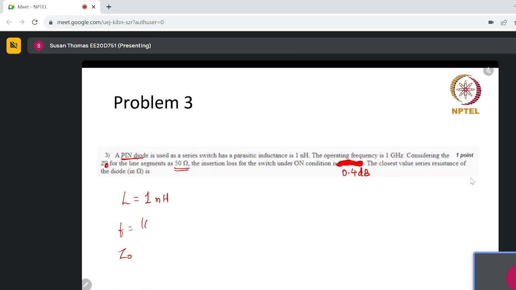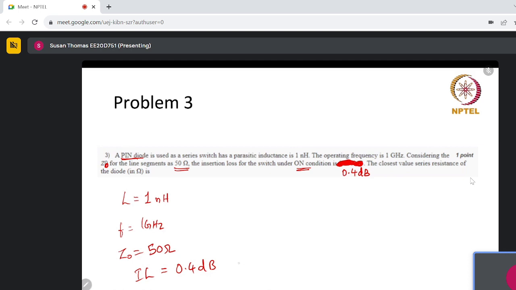Whenever the switch is on, the insertion loss is 0.4 dB. Find the closest value of the series resistance of the diode.